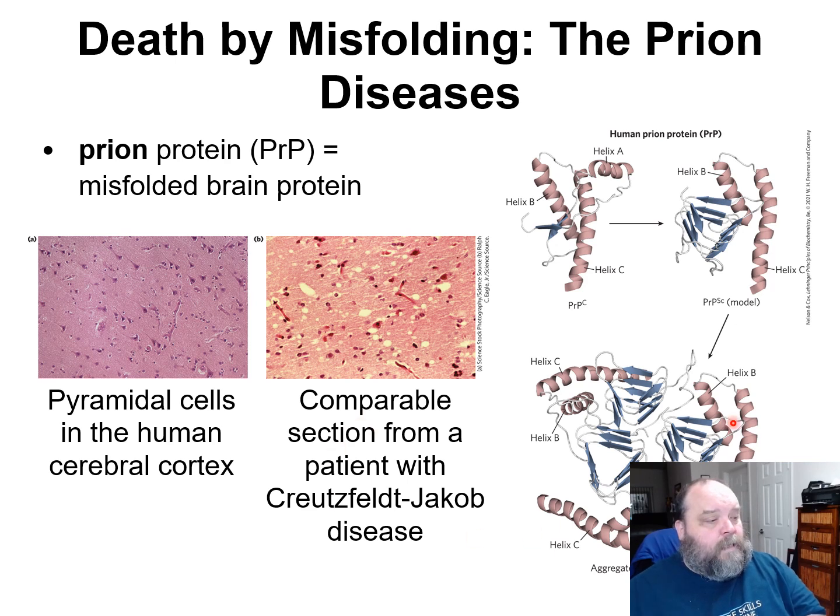You start to accumulate these aggregates of PrP-Sc. These aggregates start to interfere with normal neuron metabolism. Neurons start to die. As you see right here. As the neurons die, they leave little blank spaces, little bubbles within the brain tissue. This is where they get the spongiform encephalopathy.